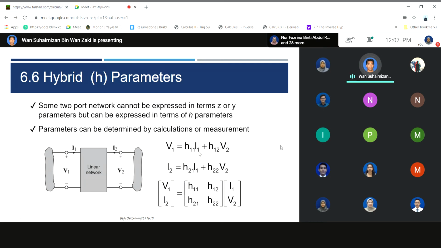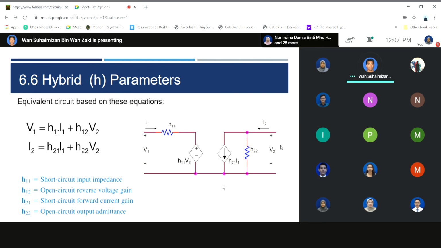But how to determine all these parameters? Let me see the tests that you need to do in order to get all these parameters H11, H21, H12, H22, right? So this is the equivalent circuit that represents the H parameter. We have H11 here.